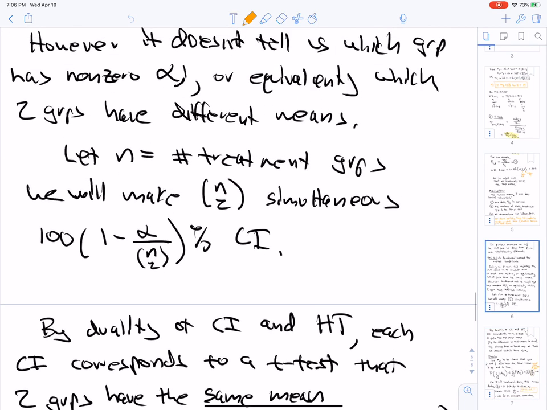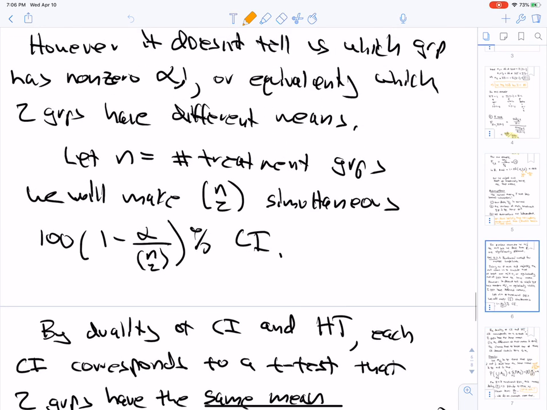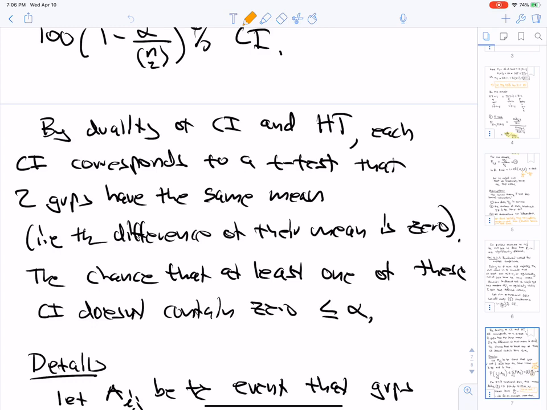We're going to form these confidence intervals, which is equivalent under duality to hypothesis testing, in other words, t-tests. Now the confidence interval corresponds to a t-test that the two groups have the same mean. In other words, the difference of their means is zero.